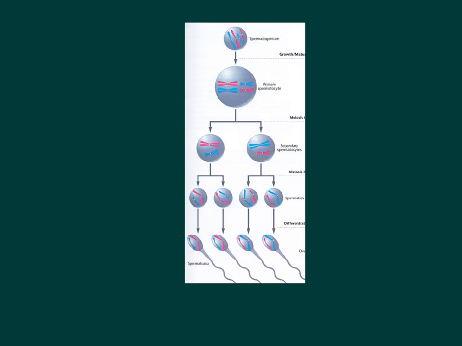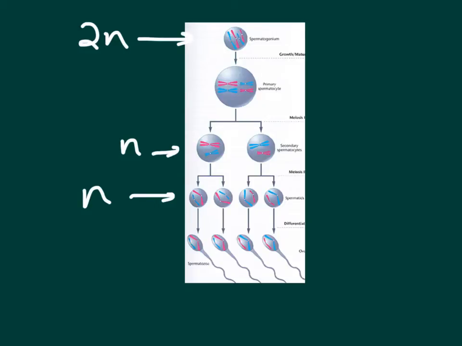In a male, this process occurs when a spermatogonium, the initial cell, that is diploid, 2N, goes through the first meiotic division, resulting in secondary spermatocytes that are haploid, N. And then after meiosis 2, we have 4 of these that are still N. So we have our initial cell, which is 2N.